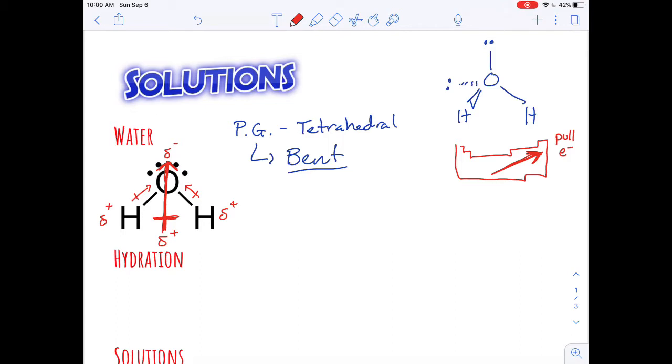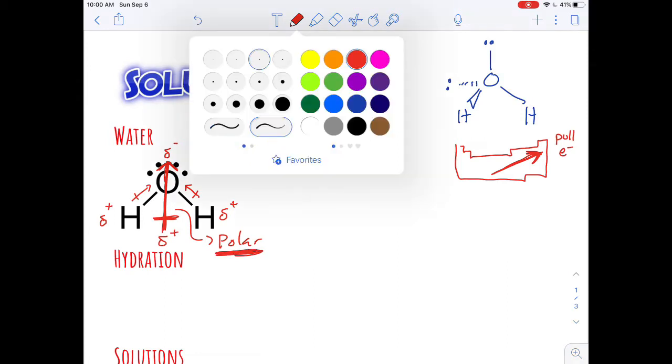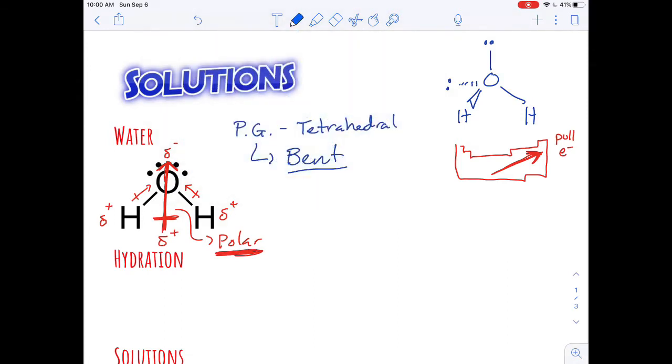So my water is a polar compound, and that is such an important concept to have. That polarity causes that interaction between charged ions, between other polar compounds, or the lack of interaction with something that may be nonpolar or lacking a charge.